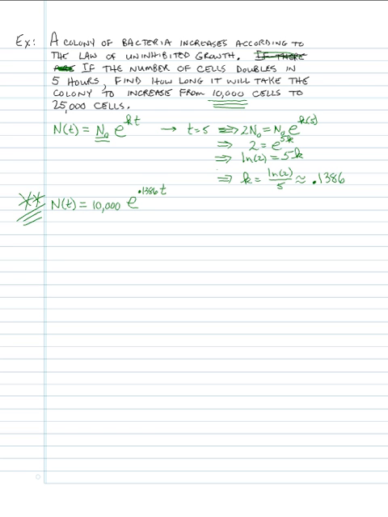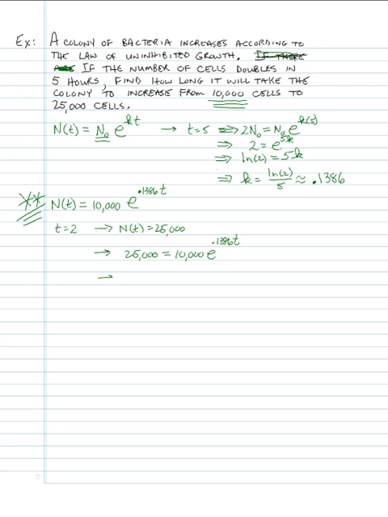So what we're wanting to know then is what t causes N of t to be equal to 25,000, because we want to go from the 10,000 we're starting with to the 25,000 goal. So we'll end up with, on the left side of our equation, 25,000, this becomes routine now, doesn't it, is equal to 10,000 times e to the power 0.1386 t.